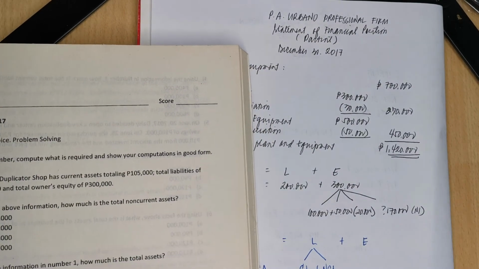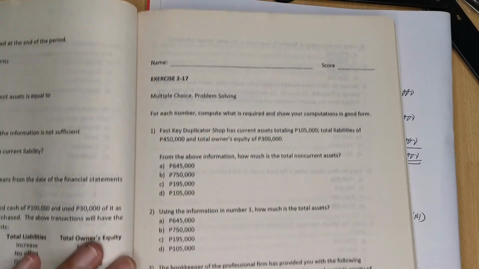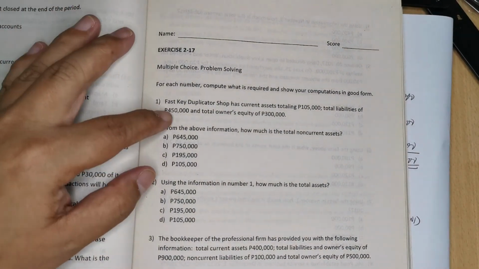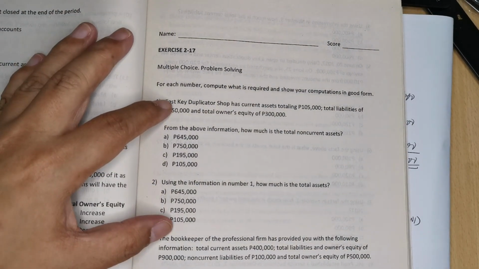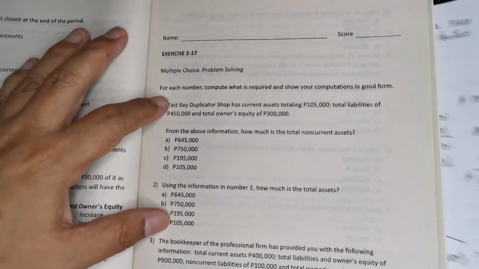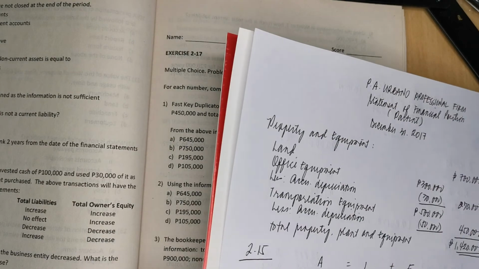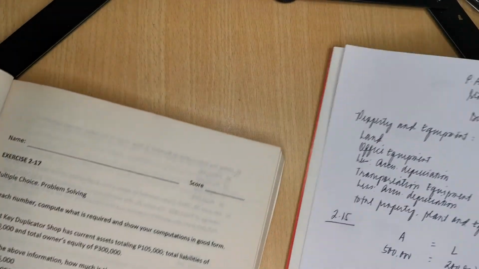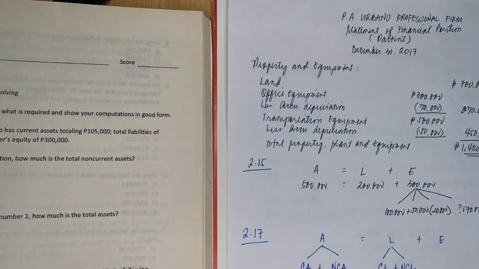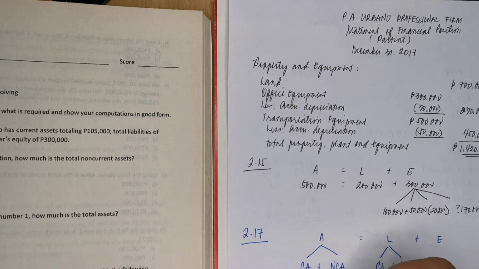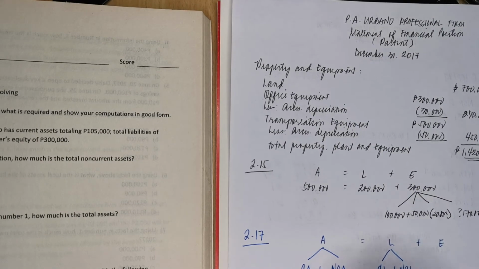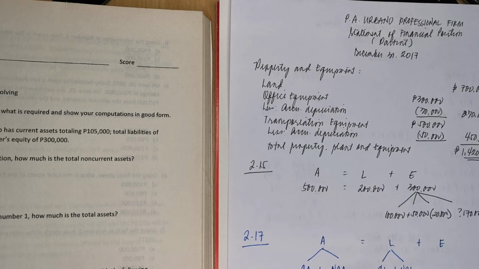Then, number 3, the bookkeeper of the professional firm has provided you with the following information. Okay, so dito tayo. So, ganun pa rin. Tingnan natin. Total current assets, total non-current assets.